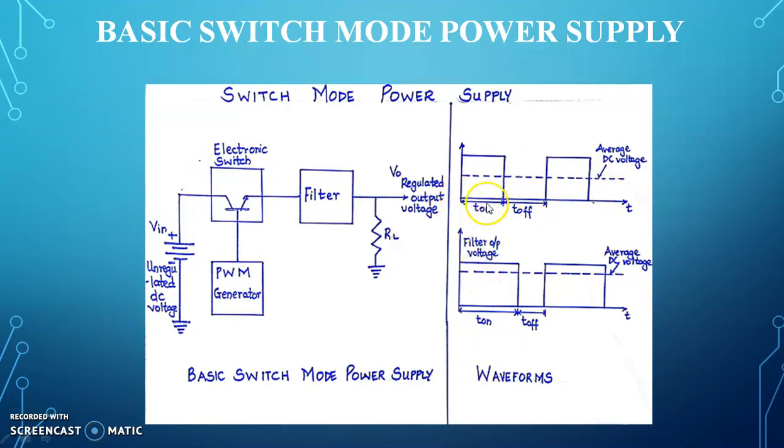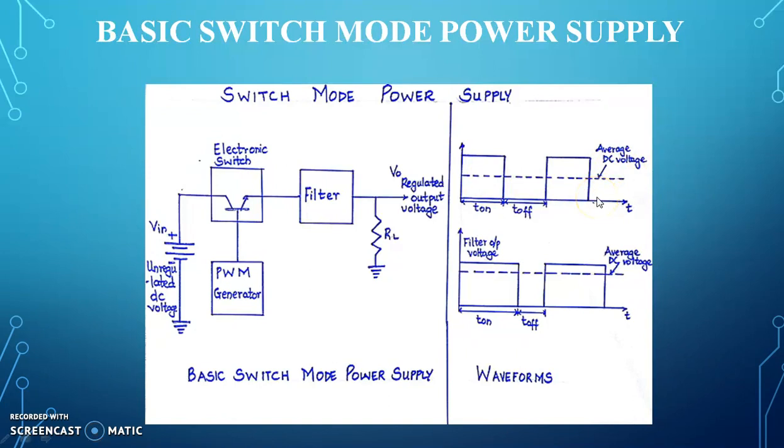Over here there are two waveforms. In the first one, we have T on period and T off period. The T on and T off periods are of same value. So the average DC voltage is in the middle, this is the output of the filter, that is the average DC voltage.